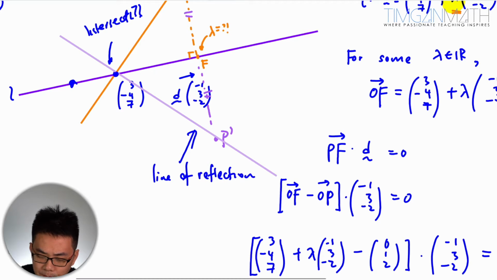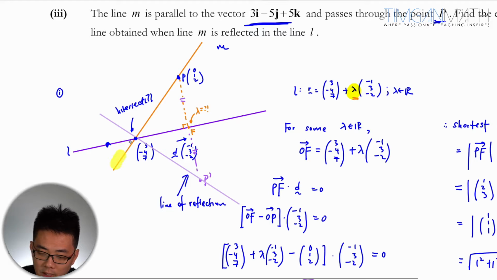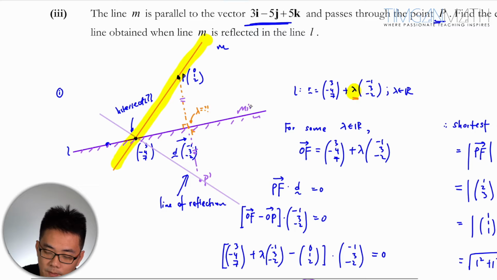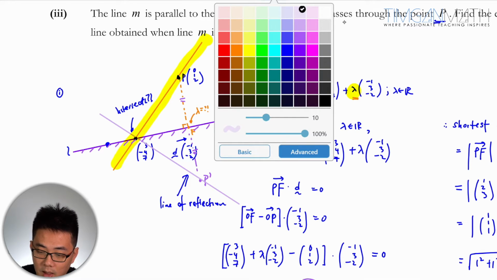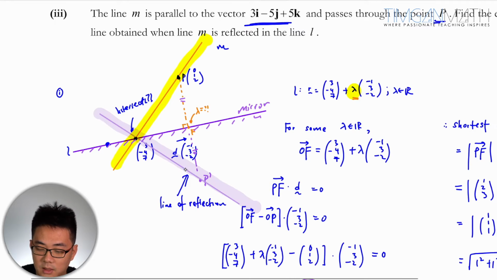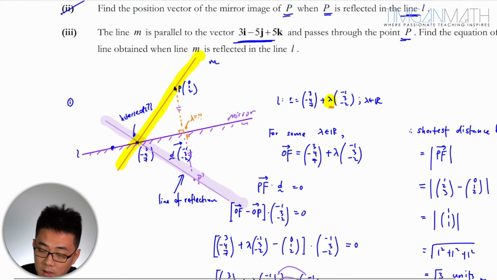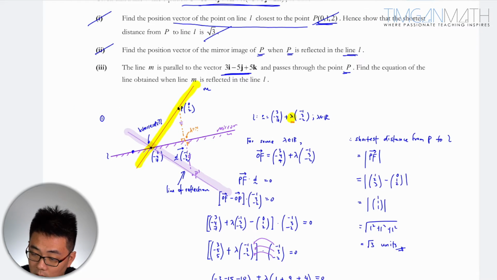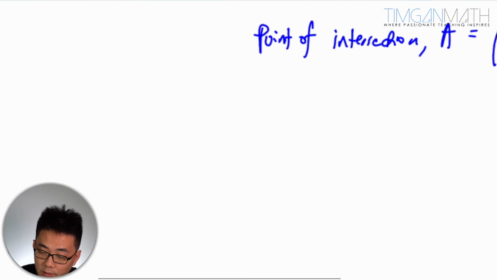Because if you reflect the orange line, the purple line is actually the mirror. So this line here will then be the reflected line.